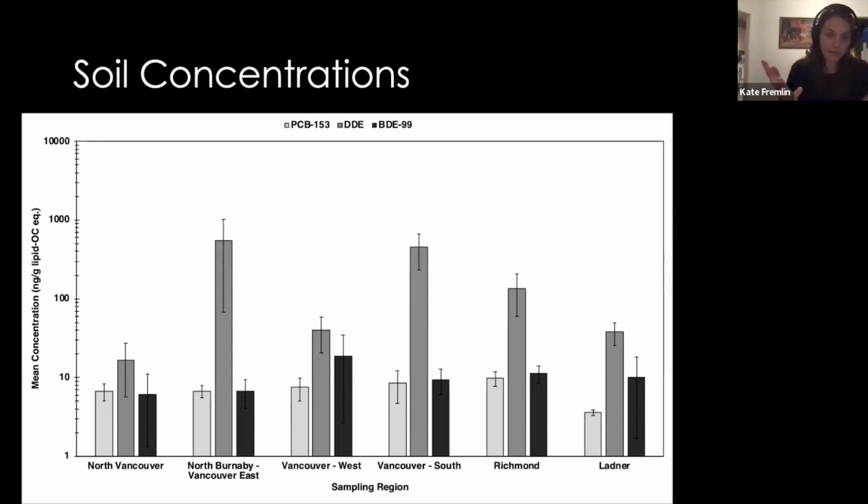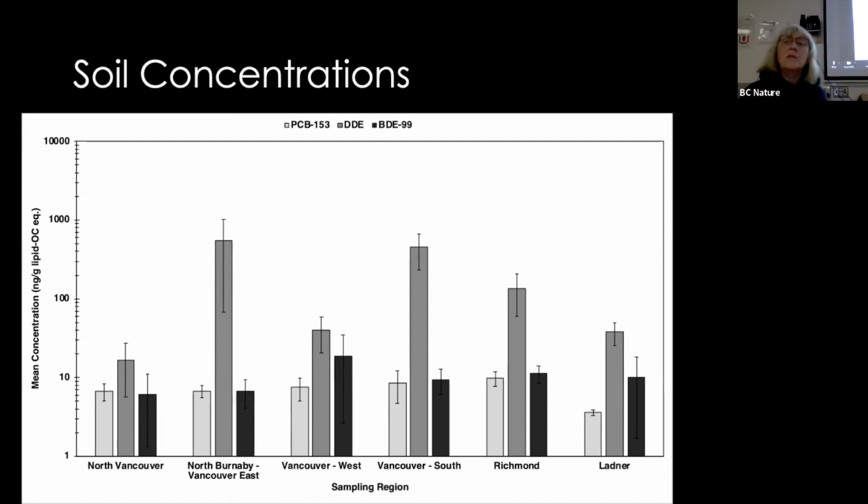So by banning them, the chemicals slowly decline over time. They're still technically out there in the environment, and we'll probably always have them because they're so persistent, but they slowly dissipate. That's what we're generally seeing in those egg samples from seabirds. So we did see an effect of banning these chemicals. That's a good news story.